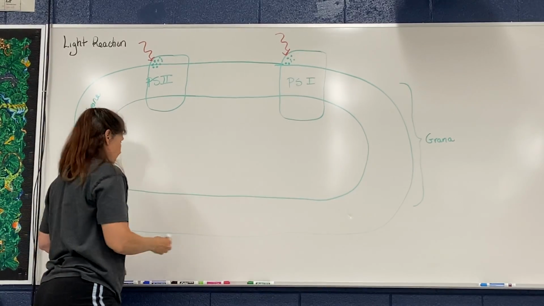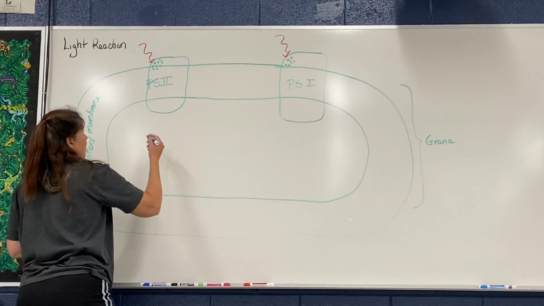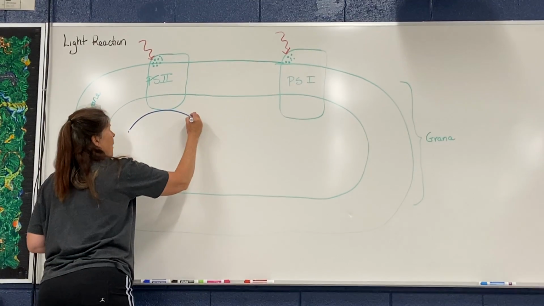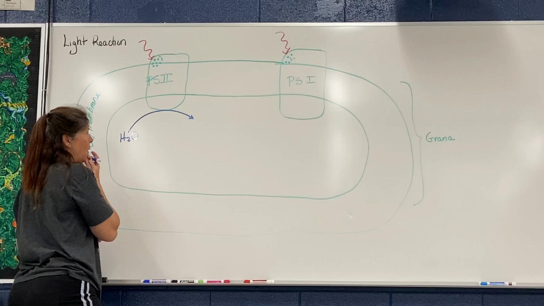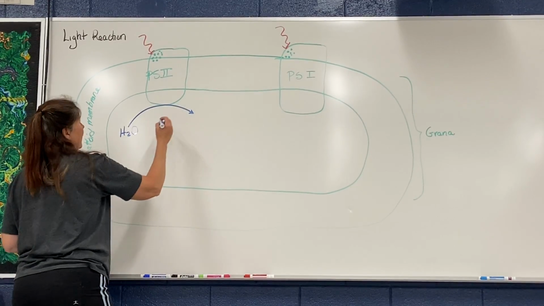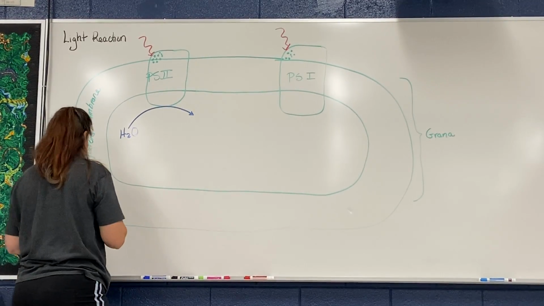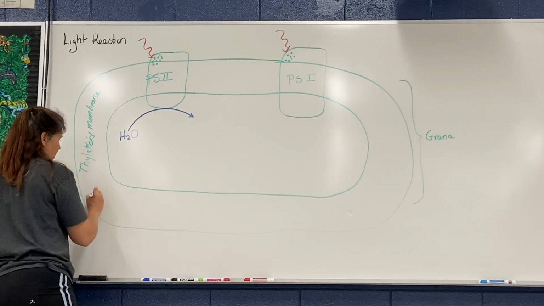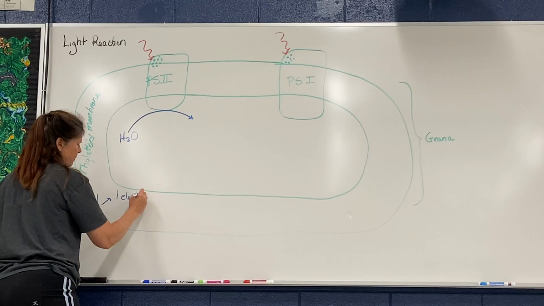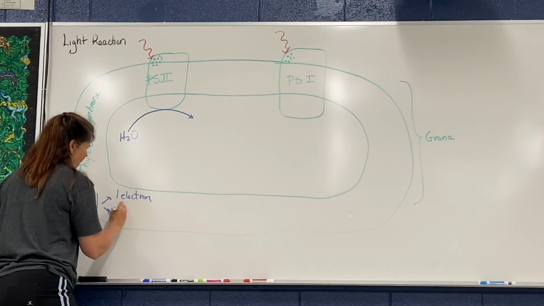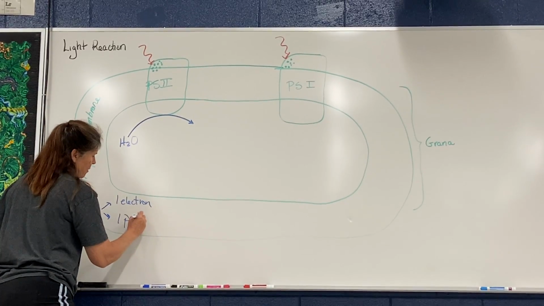All right, so next, the first thing that we have to do is we're going to take, remember, our water. We have hydrolysis occurring here. So we're going to split water. When we split water, we have a couple things that are happening. Just a little side note, remember that hydrogen is made up of one electron and one proton.